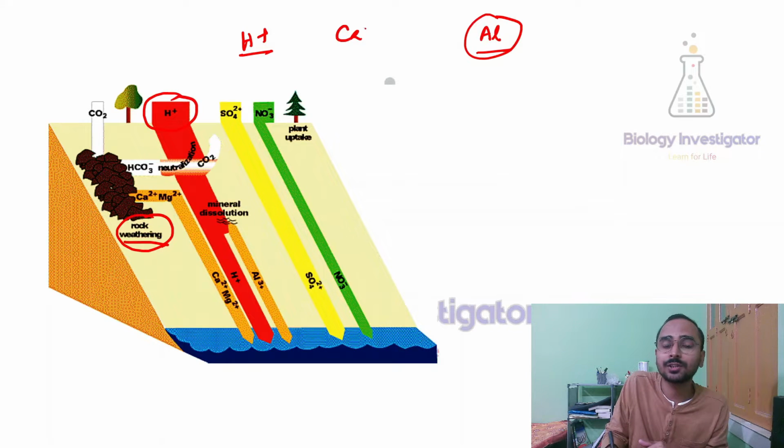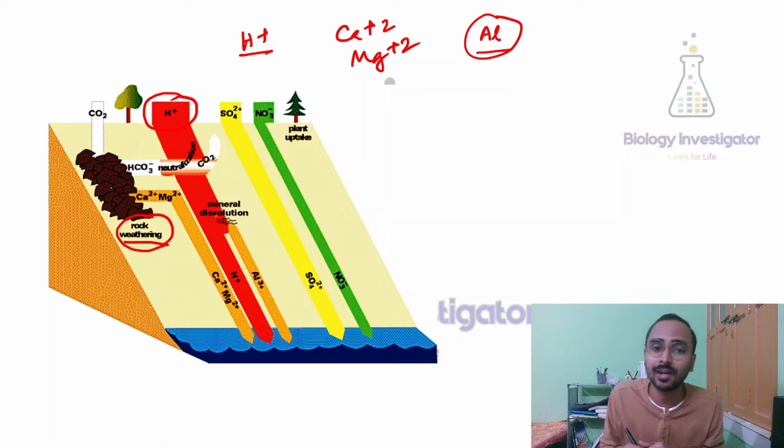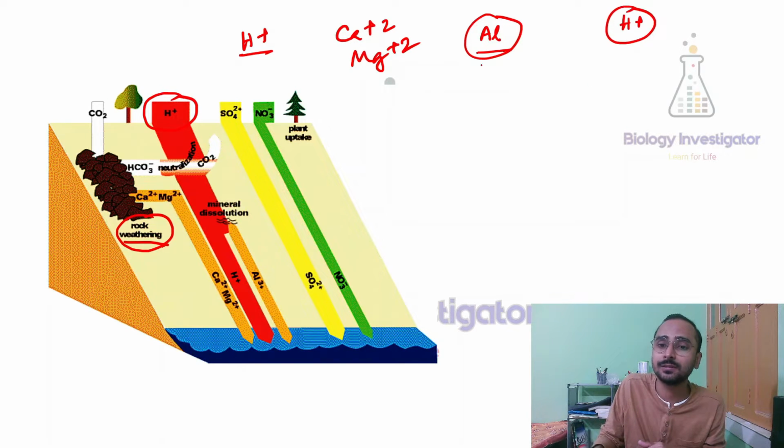For example, calcium, for example, magnesium. They can also be extracted with the help of H plus, with the help of acids. Okay, how? Now, listen to this very carefully.